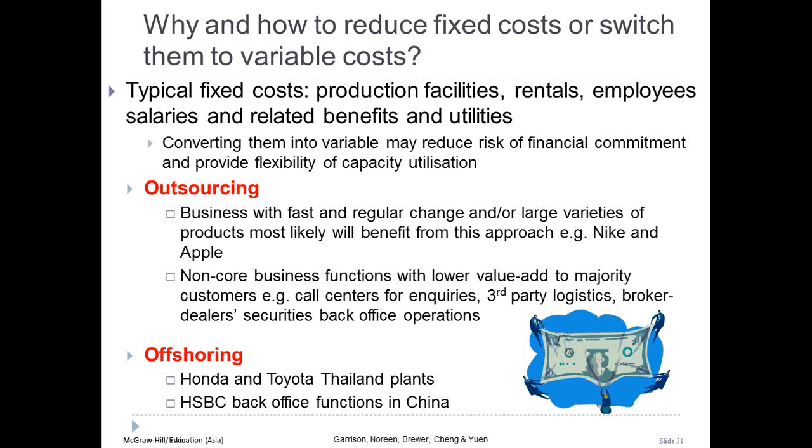And if we convert them into variable, we could have a significant risk of financial commitment and capacity utilization. So when it comes to outsourcing, what is outsourcing? That's when a company or organization decides to use an outside vendor to accomplish a task.